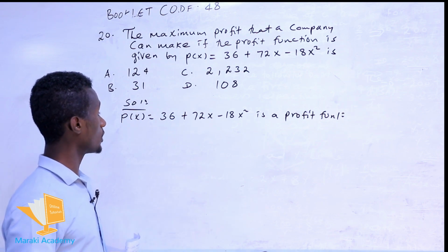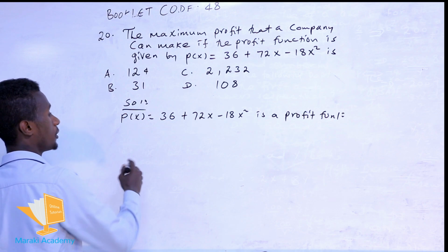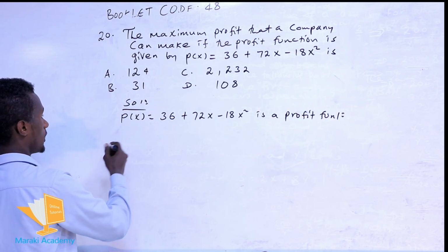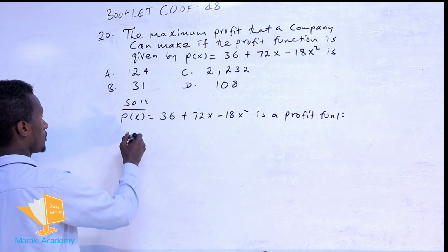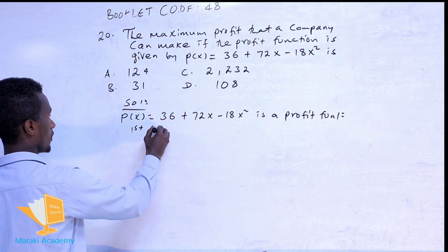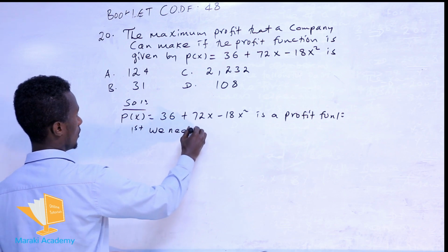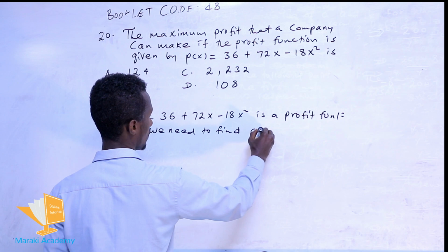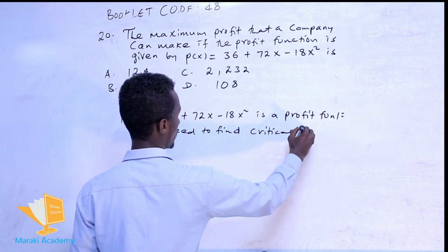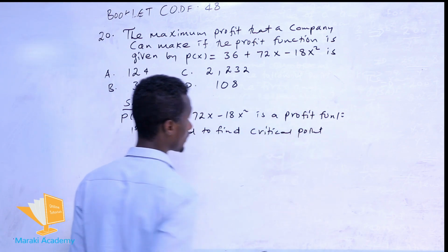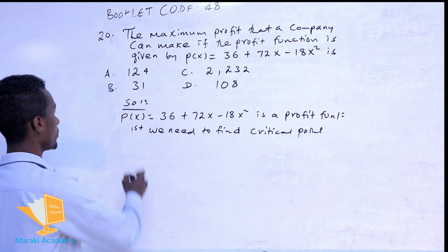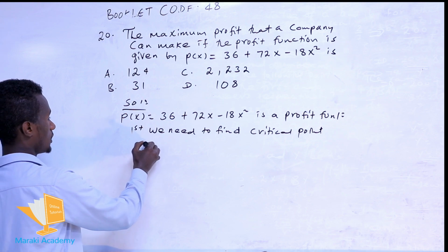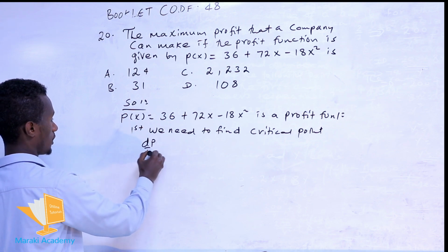To find the maximum profit, first we need to find the critical points. To find the critical point, we must differentiate the profit function. We differentiate it, dp by dx.